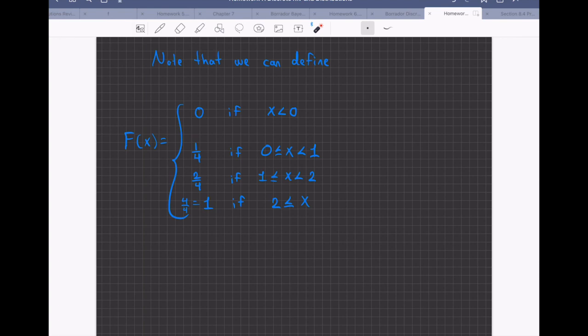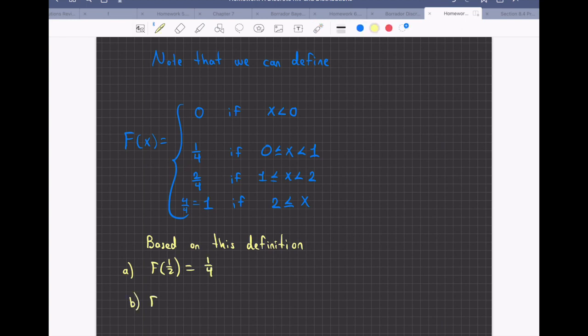Based on this definition, we could compute any real number. For example, what is F of 1/2? F of 1/2 falls here, between 0 and 1. So when x is in this range, the value is 1/4.